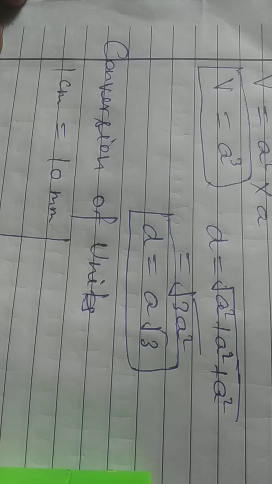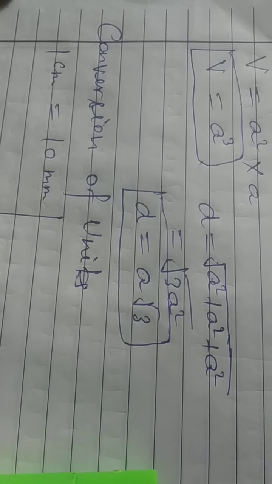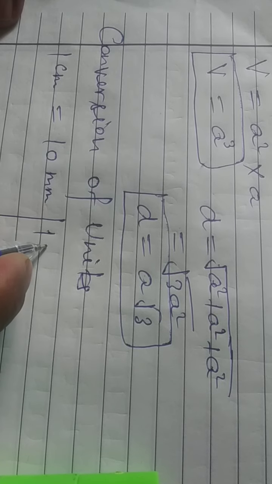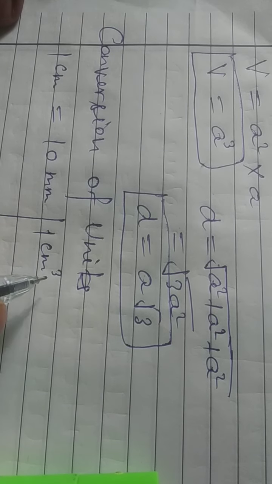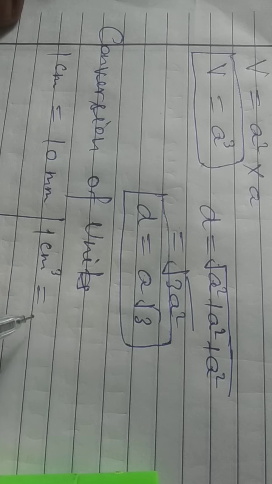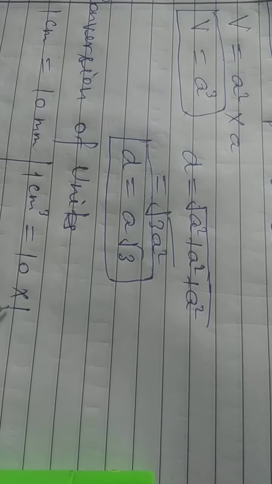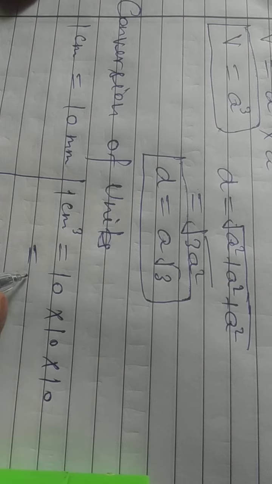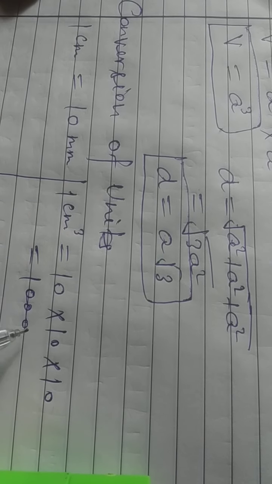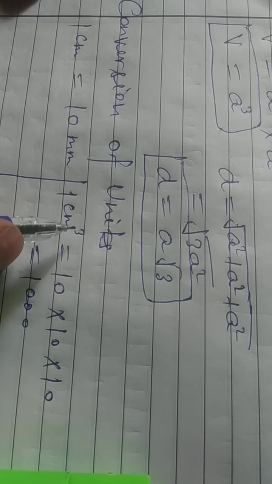If we convert this unit into a volume unit, then 1 centimeter cube will be 10 into 10 into 10, which is equal to 1000 mm cube, because 1 centimeter is equal to 10 mm.